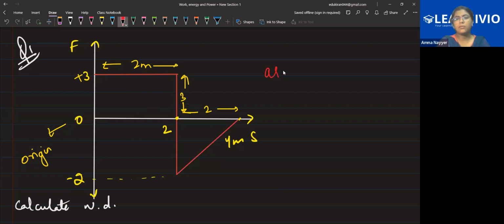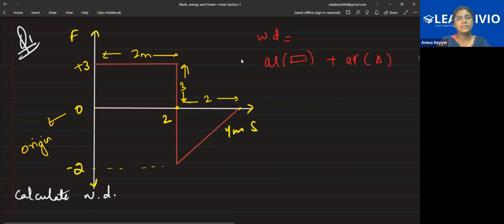So our work done is actually the area of the rectangle plus the area of the triangle. Area of the rectangle is simply 3 into 2, right?